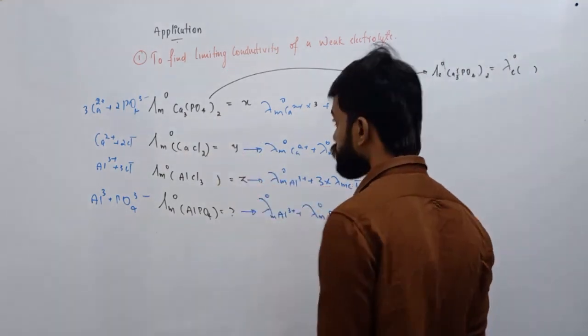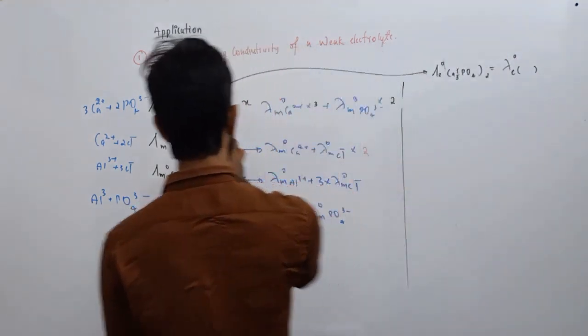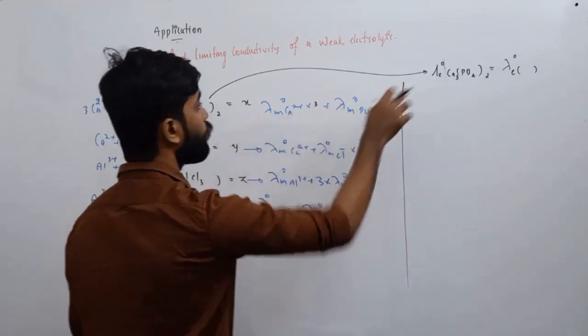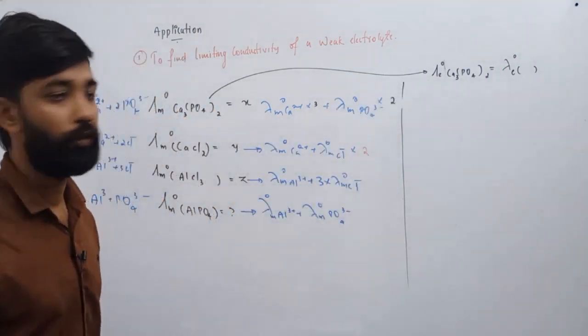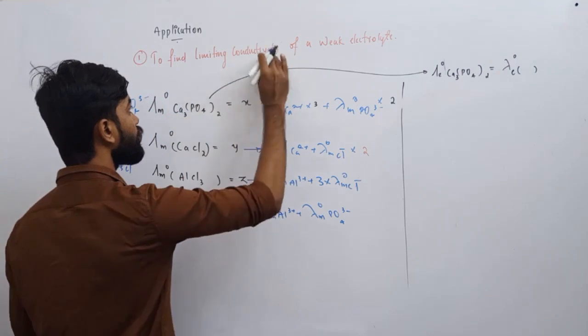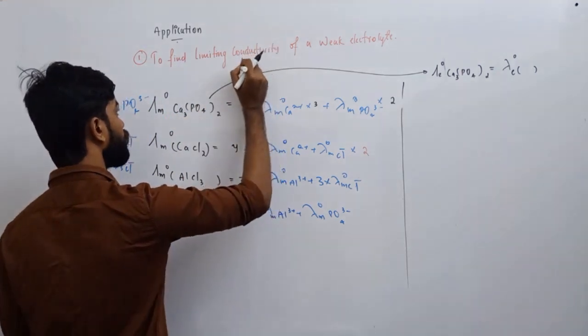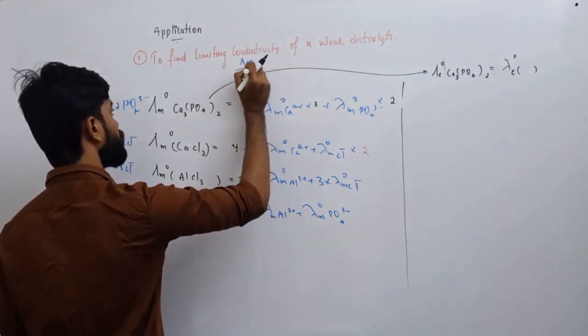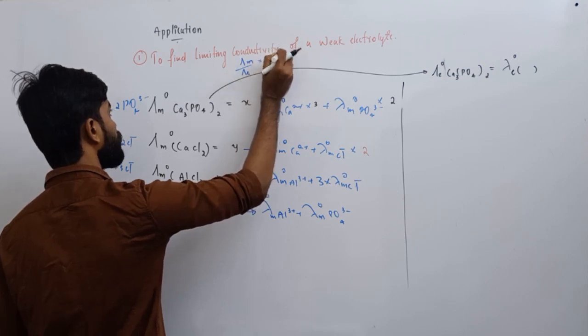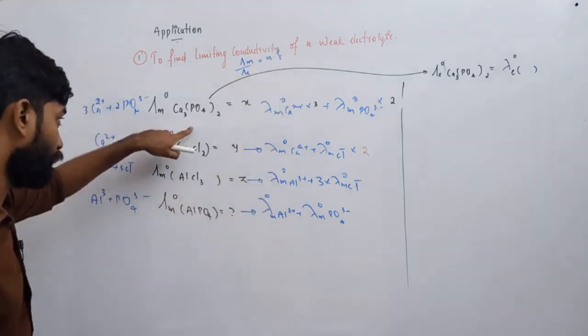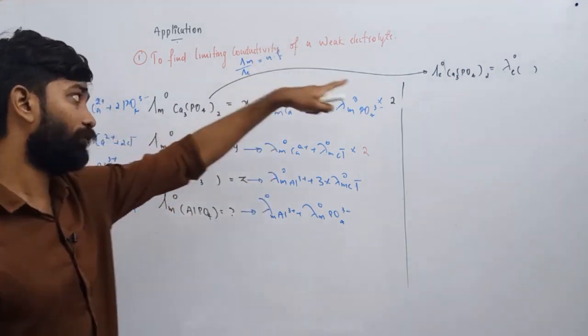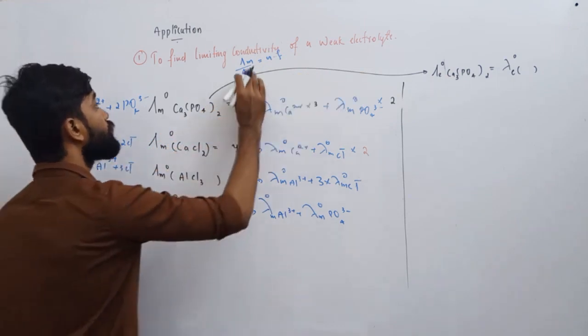So what is the relation between molar conductivity of Ca3(PO4)2 and equivalent conductivity of Ca3(PO4)2? We know that there is a relation which involves the n factor, right? If you have molar conductivity and you want to find equivalent conductivity, what is the relation?